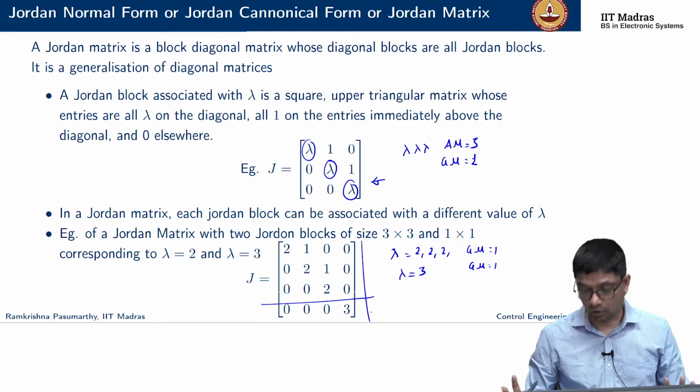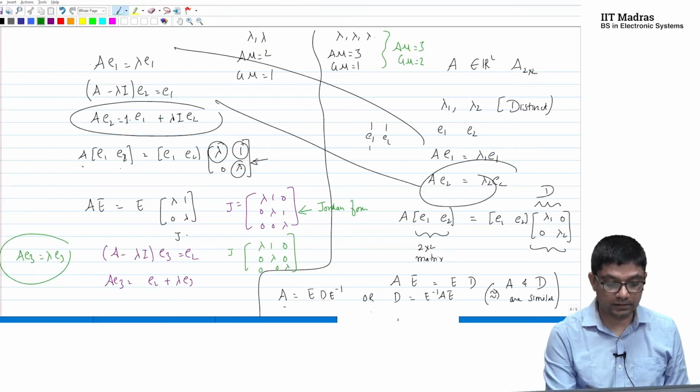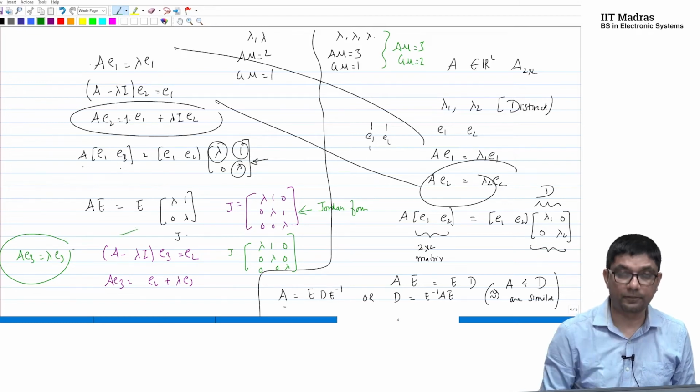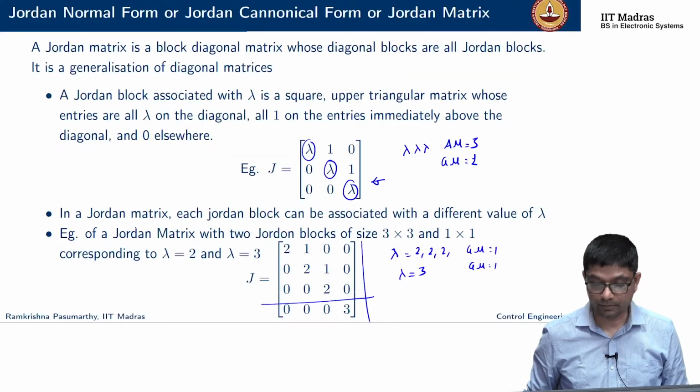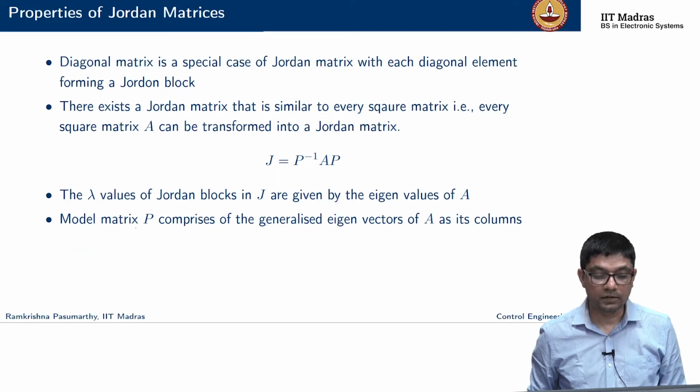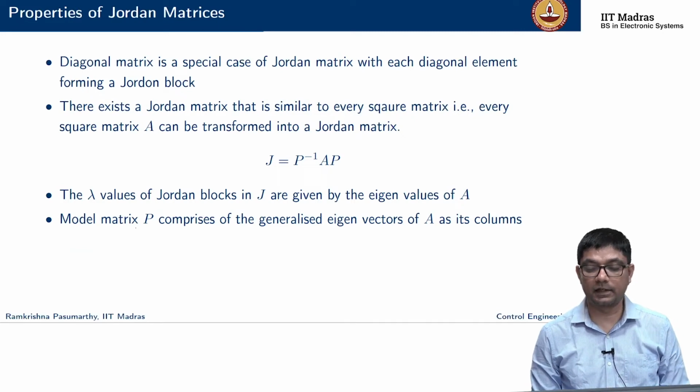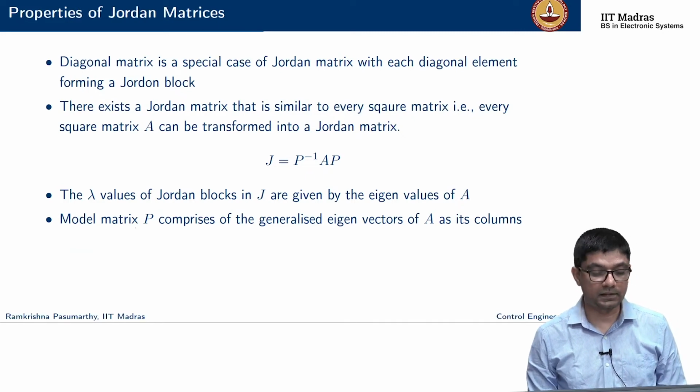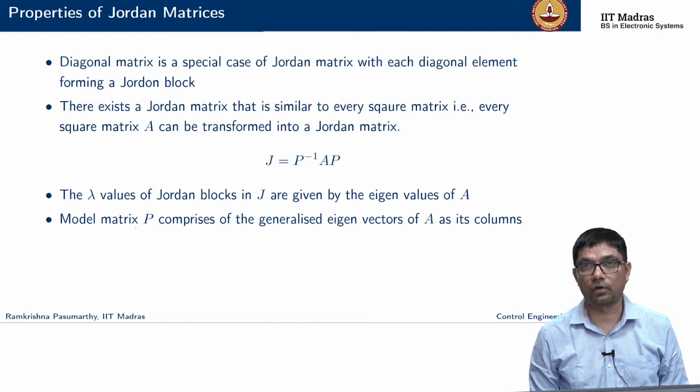This is how it will look always. Where does it come from? This comes from expressions like this. Okay, so this diagonal matrix is a special case of a Jordan matrix with each diagonal element forming a Jordan block.